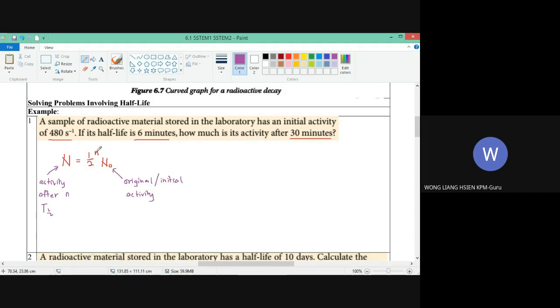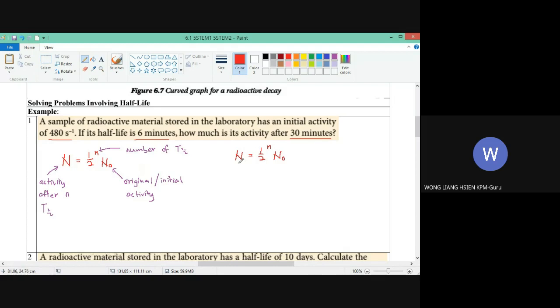This is the number of half-lives already passed. So N equals half to the power n times N naught.